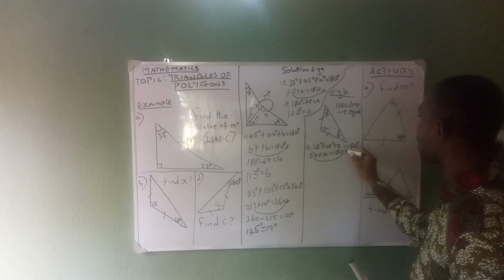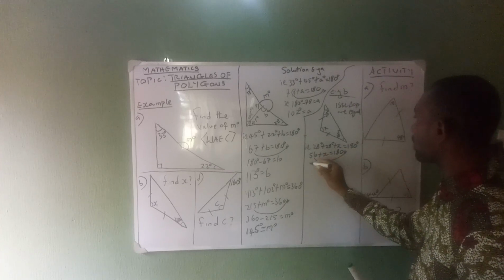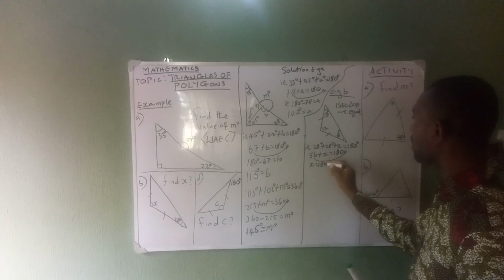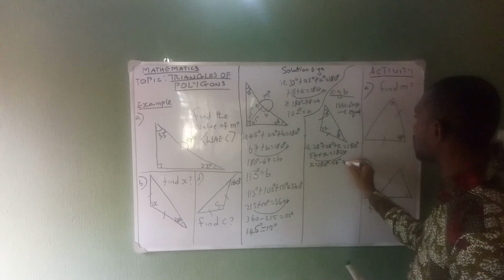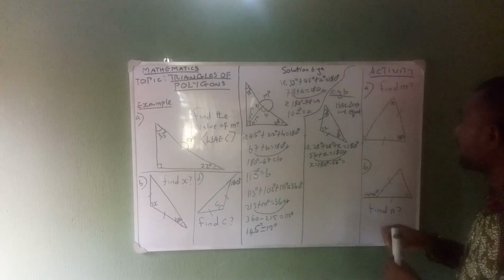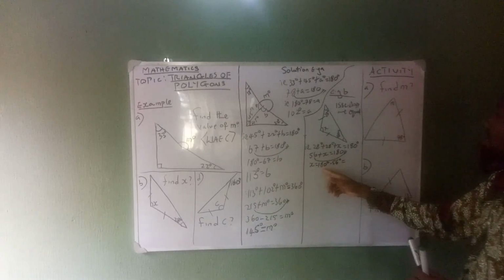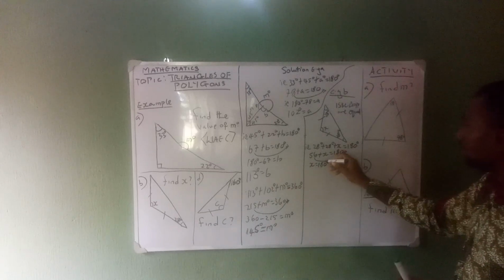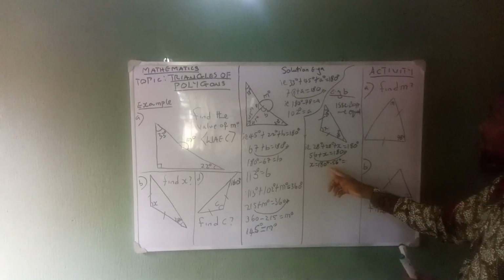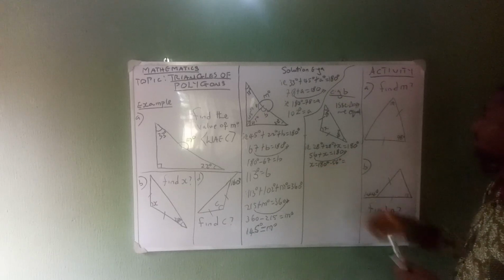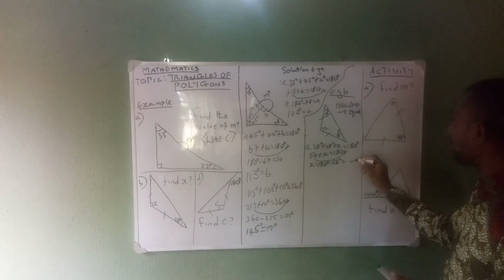So we'll move this 56 here. Our x will now be equal to 180 degrees minus 56 degrees, which is 180 minus 56. If we borrow 1 from the 8, here becomes 10. 10 minus 6 gives us 4.